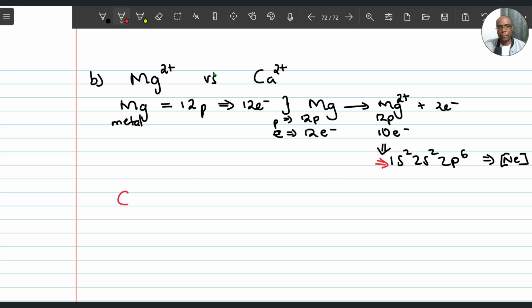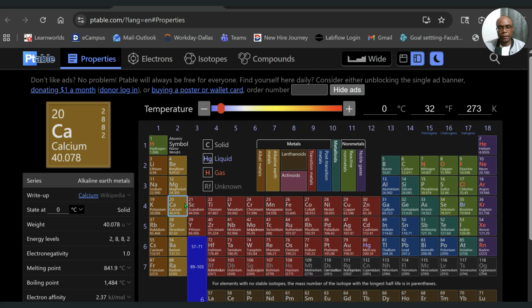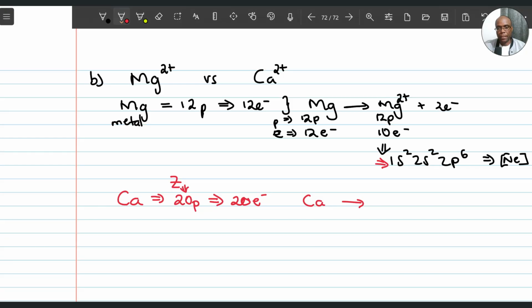Now, if you're talking about calcium, calcium has atomic number Z, 20 protons. By inference, those will be 20 electrons. And it's a metal in main group 2, you will see it in the second group right here, alkaline earth metal. So it reacts by losing 2 electrons like magnesium to give you Ca2+.